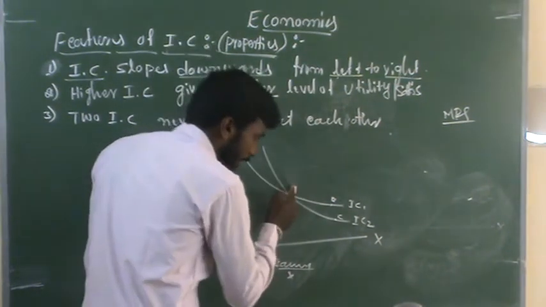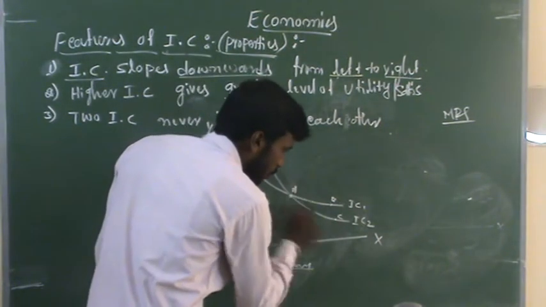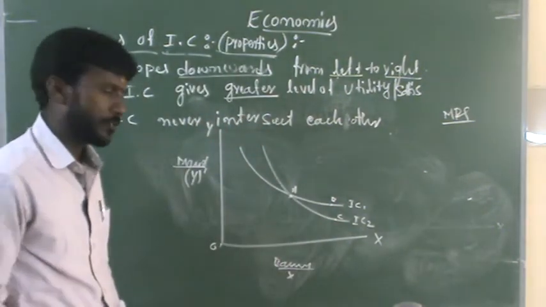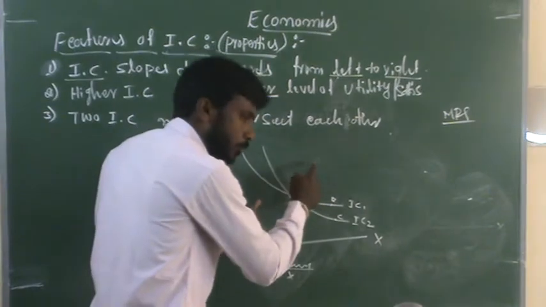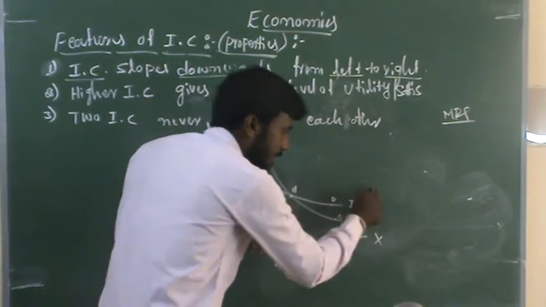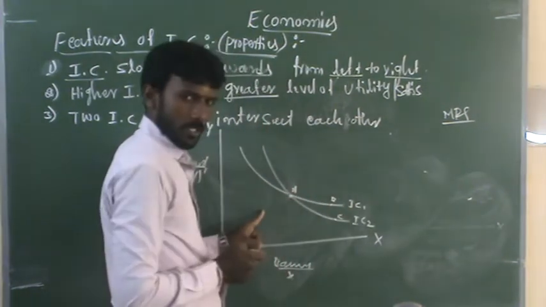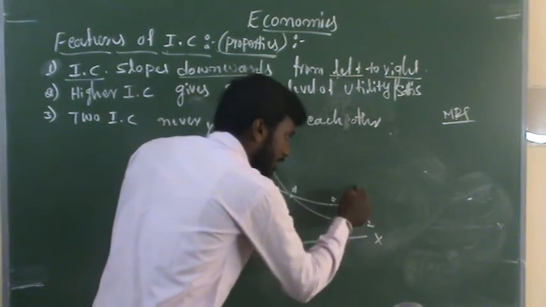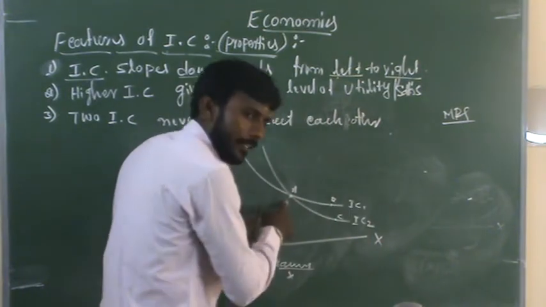Then point A and point C, these two are located on IC2. What I am saying? In this diagram, two different indifference curves will be there, such as IC1 and IC2. Now IC1 and IC2, these two intersect at the point A.